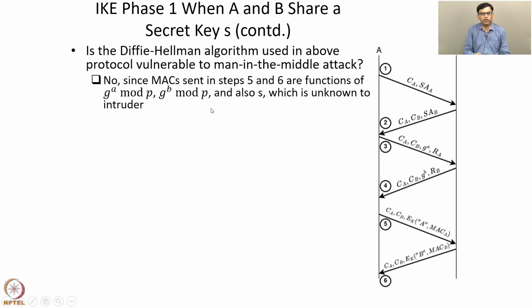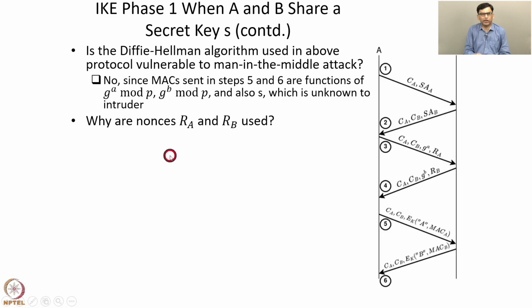So an intruder cannot generate the MACs corresponding to the modified messages, because S, which is the long-term secret key, is unknown to the intruder. The correct MACs can only be generated by A and B. And these MACs are functions of, among other quantities, g to the power a mod P and g to the power b mod P. So any modification in them can be detected. Hence the Diffie-Hellman algorithm is not vulnerable to the man-in-the-middle attack.